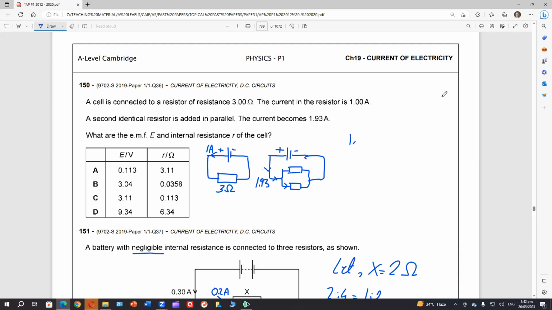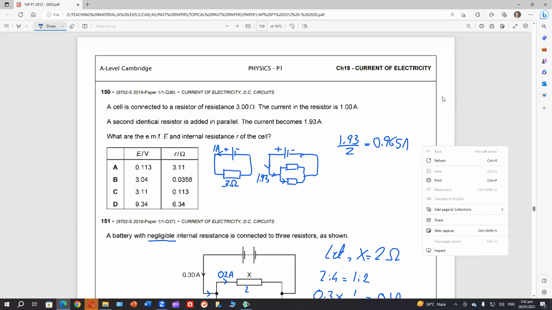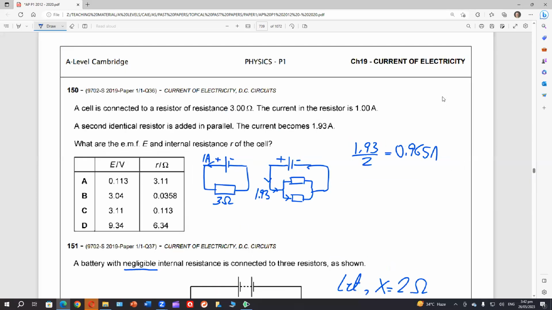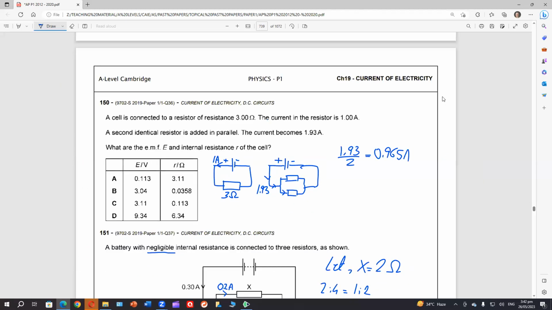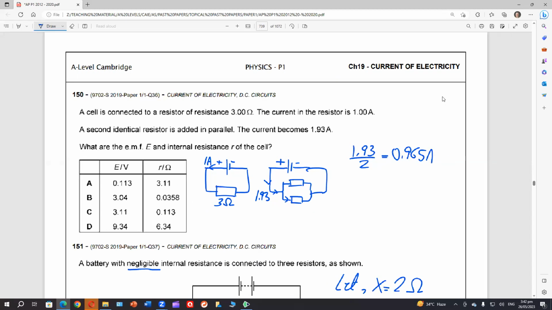So we have to do 1.93 upon 2. 0.965. So 0.965 ampere is here. It is passing through each of the two resistors.